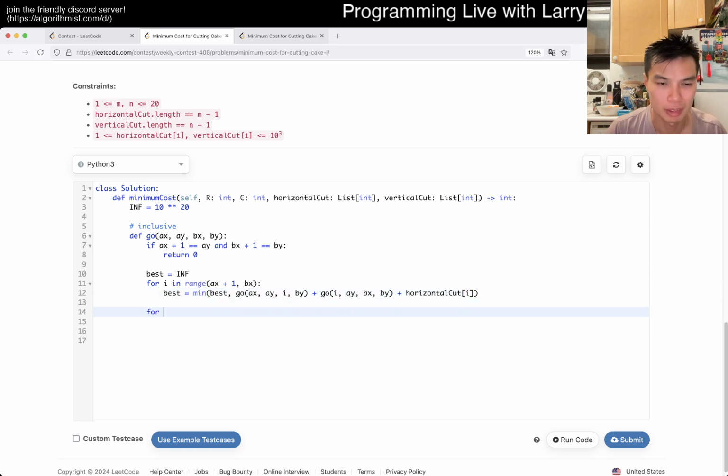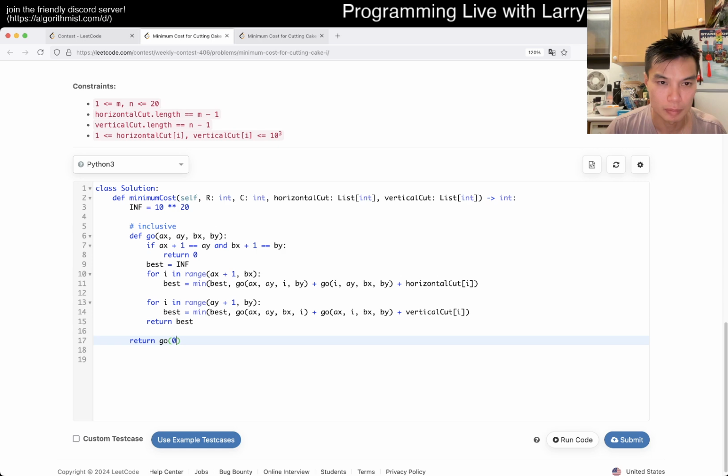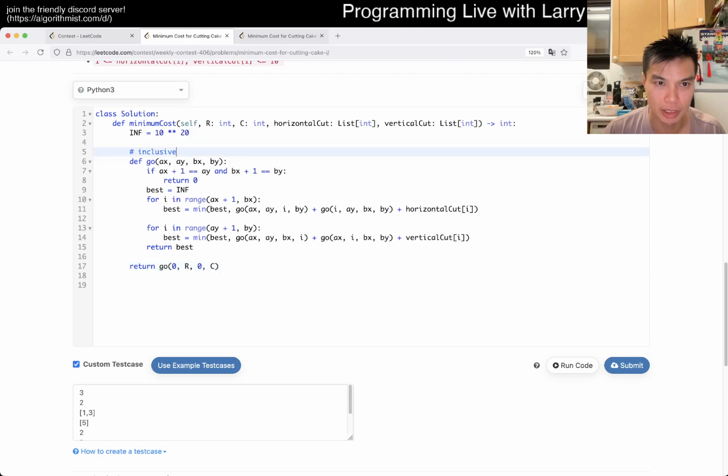All right. This feels very expensive, to be honest. I don't know how I feel about this. Oops, I didn't cache.